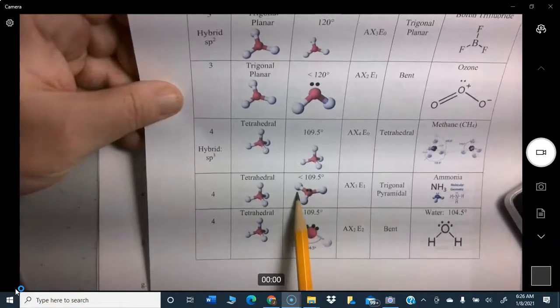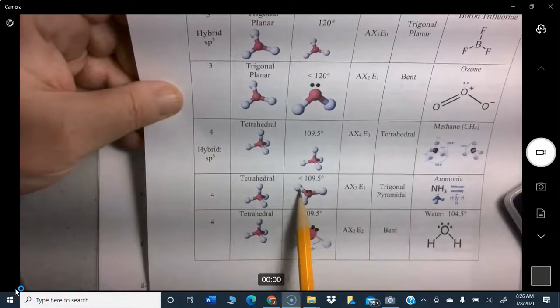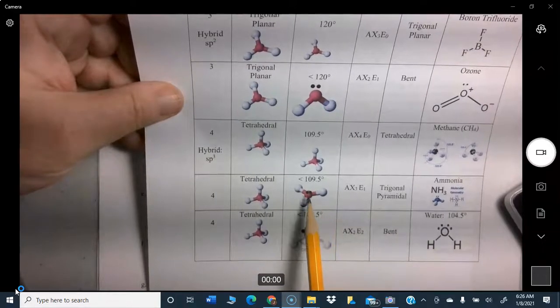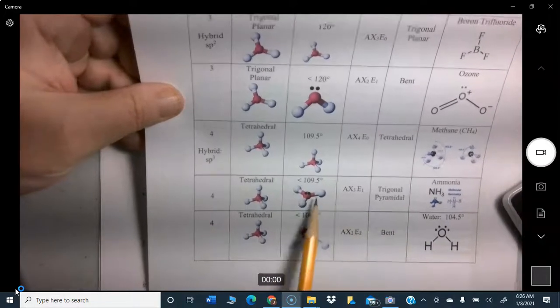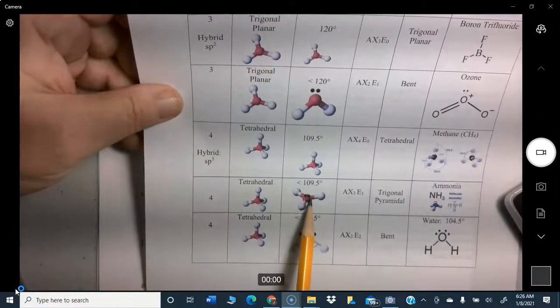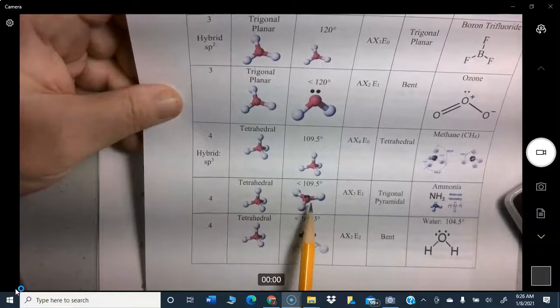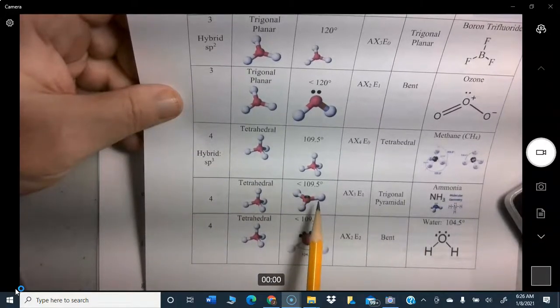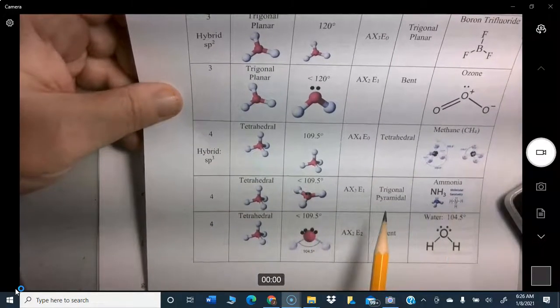So this is not flat, it's shaped like a pyramid. So these 3 legs are pointing downward from the central atom, and then it has the lone pair, and that's what pushes them downward, is that repulsion between this lone pair and the 3 bonding pairs of electrons right there. So that is that.